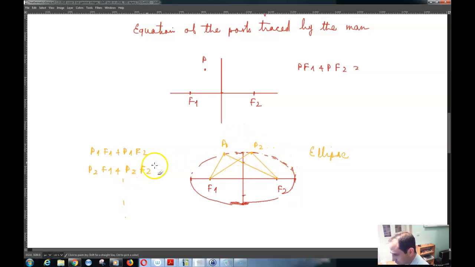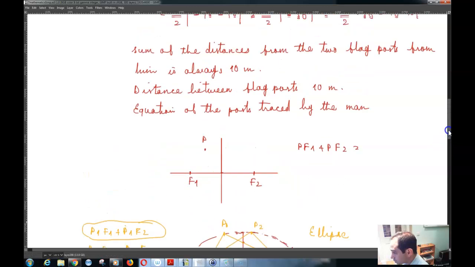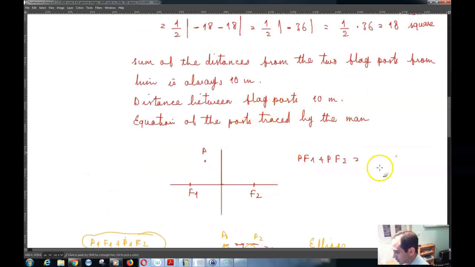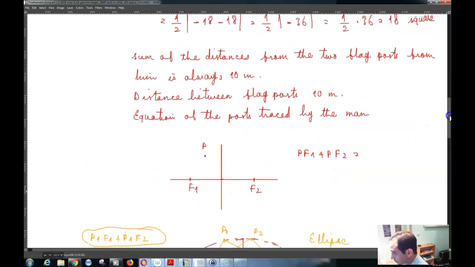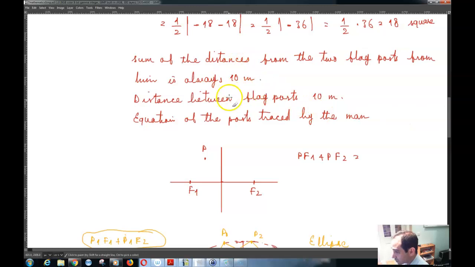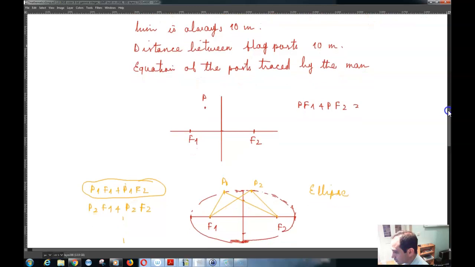Any point that you pick over here, this sum of distances is going to be constant. Now, in the case of this man, he was tracing a path, and this condition has always been the case, always 10 meters, and the distance between the flag posts was also 10 meters.